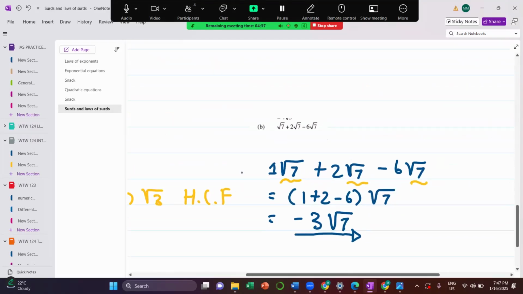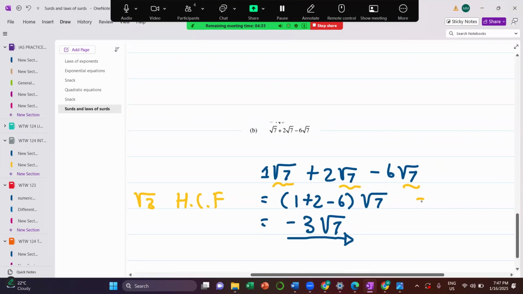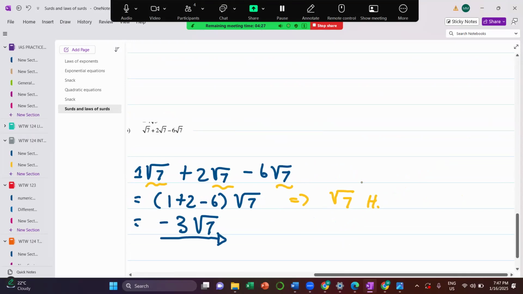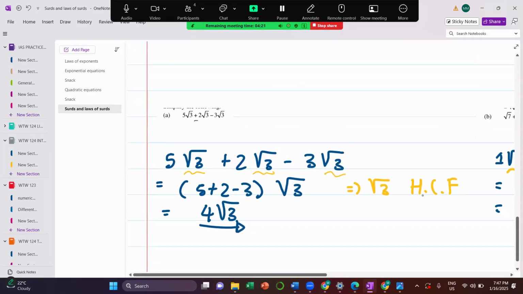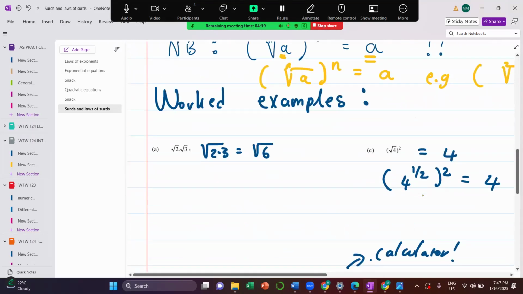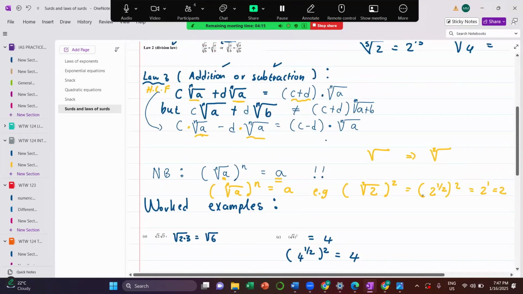Yes, sir. So in other words, here we can think of us having taken the square root of 7 as a highest common factor. Are you guys okay? Yes, sir. So we've applied the laws.